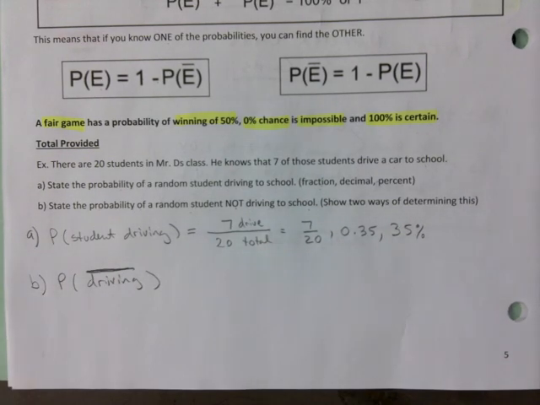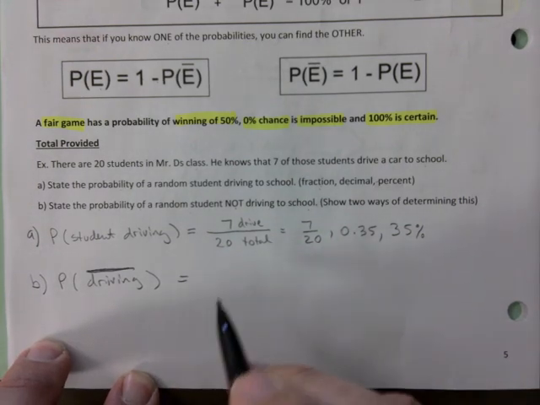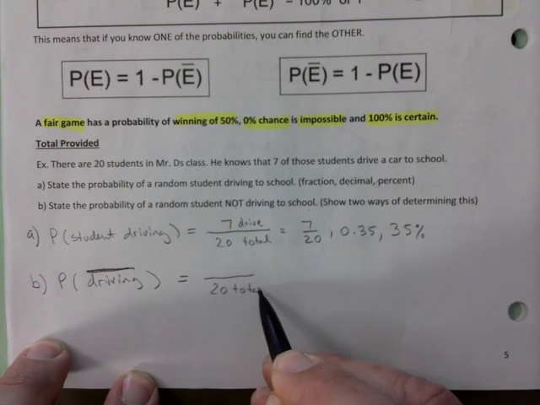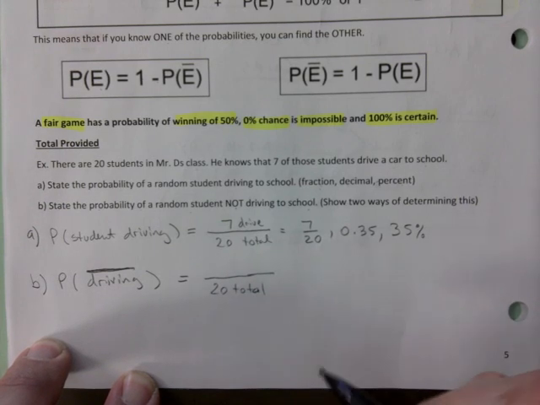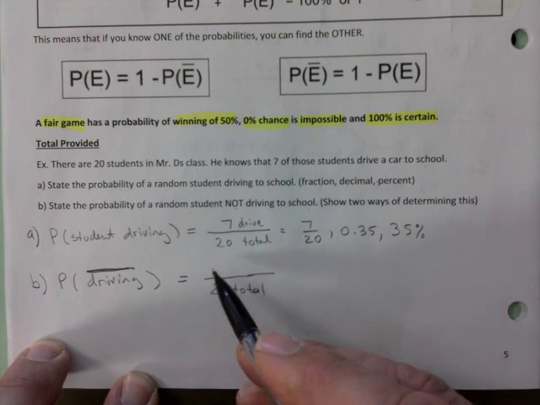I need you to be comfortable with that notation. I'm saying, hey, what's the probability of someone not driving? Okay, that would be 20 total. How many students do not drive? This one is pretty easy. 13. I'm going to show it a different way.